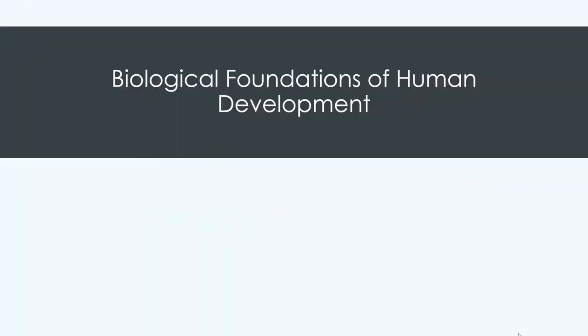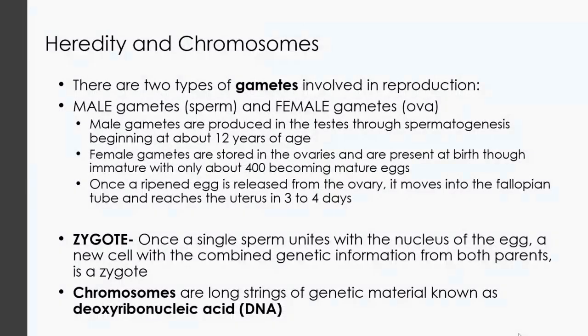Don't forget about that. All right, so when it comes to gene code, there's two types of gametes. Males provide the sperm and females provide the ova. The male gametes and the female gametes both are in a haploid state, which means they have half of the genetic material needed.